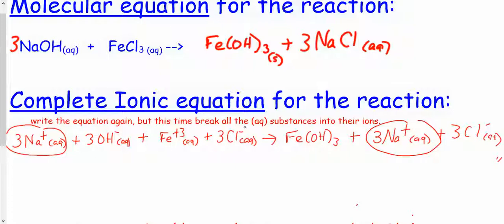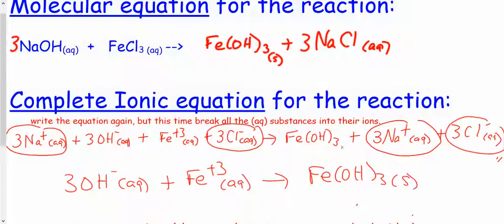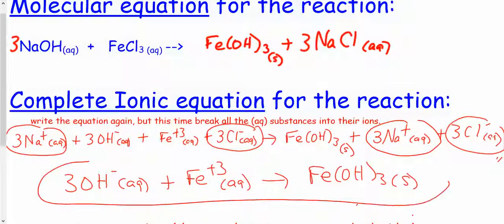What you're left with is the net ionic equation. 3OH- (aq) plus Fe3+ (aq) yields Fe(OH)3, and that is a solid, which I forgot to put up there. That is your net ionic equation. Your spectator ions are the ones that we circled that stay aqueous on both sides of the equation.